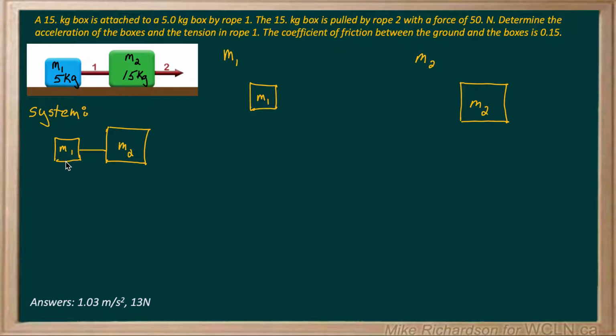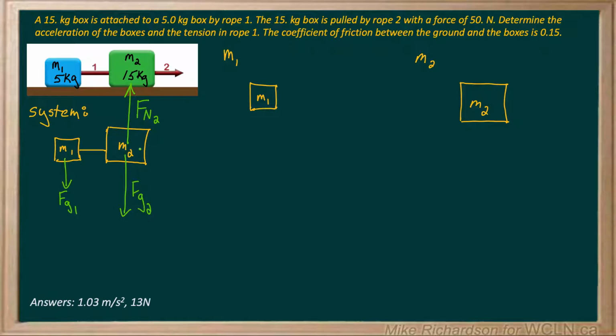We have two masses. Obviously, we've got forces of gravity. I'm going to label mass 1 Fg1, straight down. Mass 2 is bigger, so I need a longer vector, and I get Fg2. Now, these masses are on the ground, and the ground is holding up these masses. So there must be an equal and opposite force called the normal force as a result of the masses squeezing the ground.